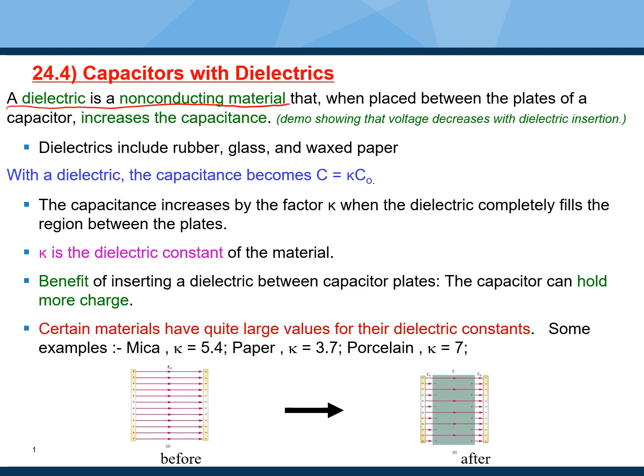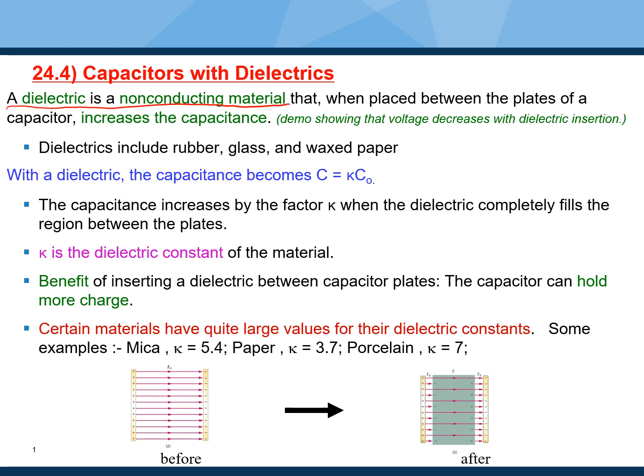Namely, the panel on the left shows a simple air-filled capacitor before any dielectric material is inserted between the plates of the capacitor. The panel on the right shows what happens when a dielectric, for example, like rubber or glass or wax paper or mica or porcelain, is inserted between the plates of the capacitor.